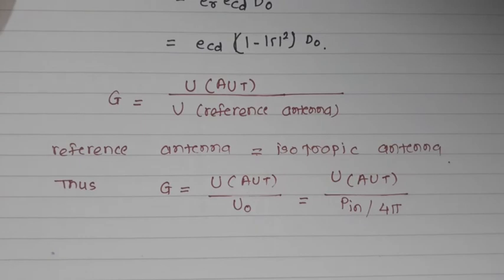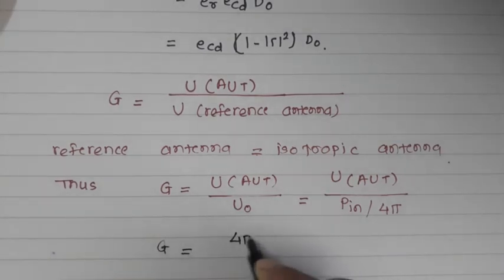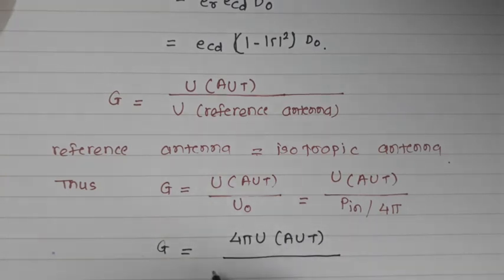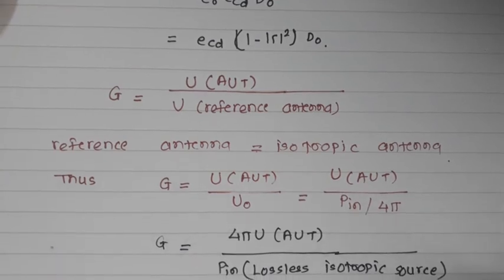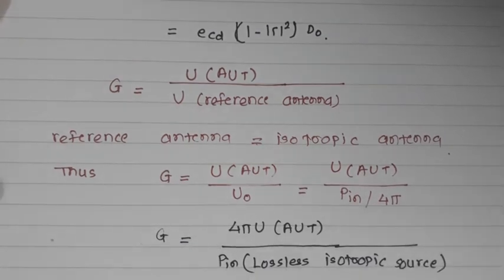So the gain is G equal to 4 pi U of the antenna under test divided by P in of the lossless isotropic source. So you need to calculate the input power given to the lossless isotropic source, and the intensity of the antenna under test.